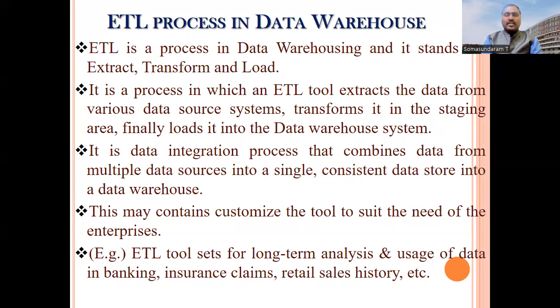So what you have to do at the first level of the data warehouse process is to extract the data. That is what is called extract. And after extracting, the data that you extracted may be in a different format, a different structure, or a different pattern. You need to change or convert the entire thing, which is the transformation.